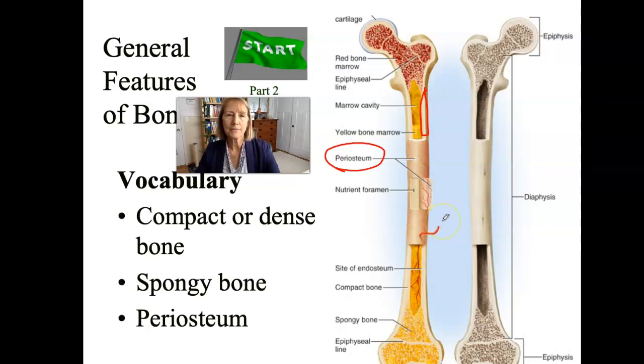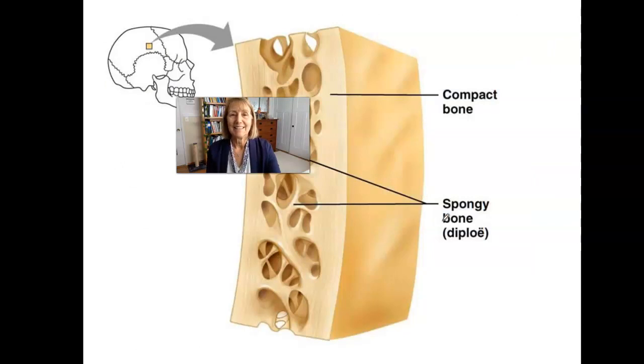The way I describe the periosteum is, if you give a bone to your dog to chew on, it's got that outer leathery layer that sort of peels off the bone. That's the periosteum. If you don't have a dog, I don't know how to tell you what that is.